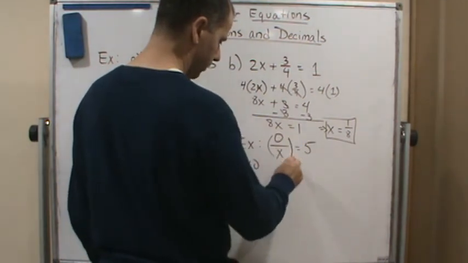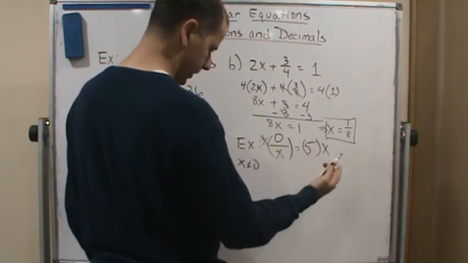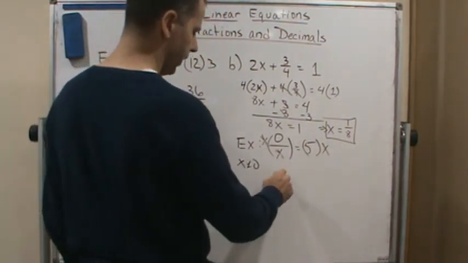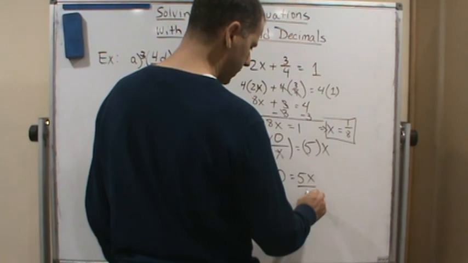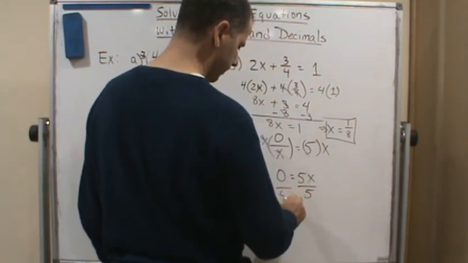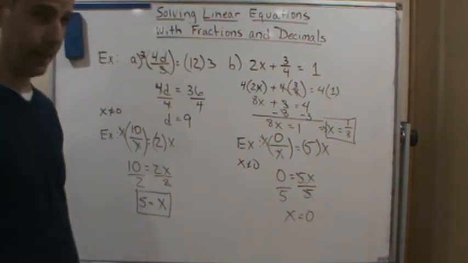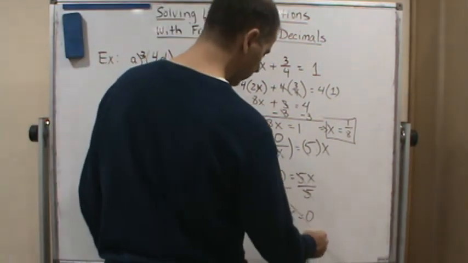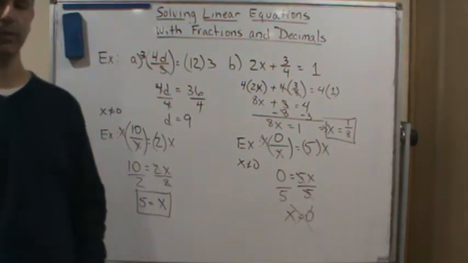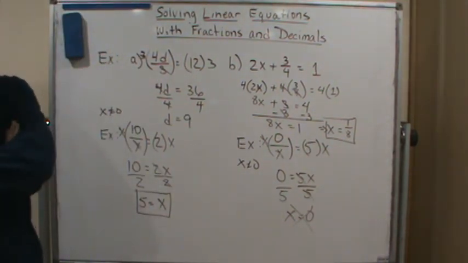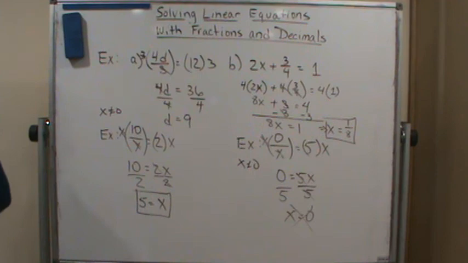I multiply this side by x and this side by x, and I get 0 equals 5x. Well, now if I divide both sides by 5, I get x equals 0. That can't work. We already said that x can't be 0 because we can't have 0 in the denominator. So our solution says x is 0, which tells us that there's no solution to this equation.